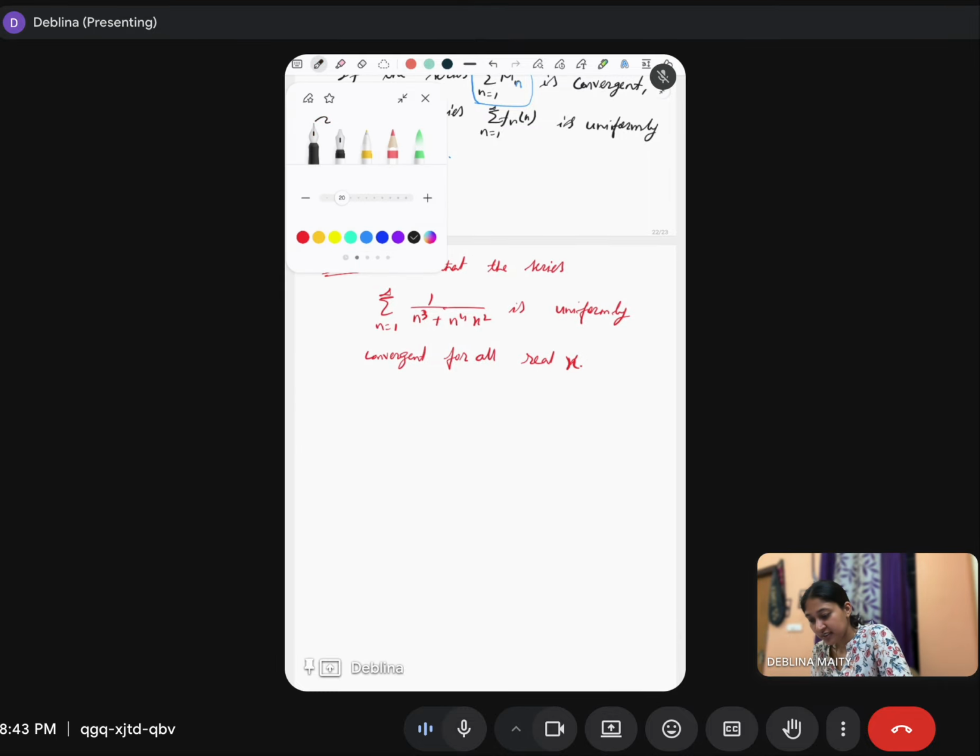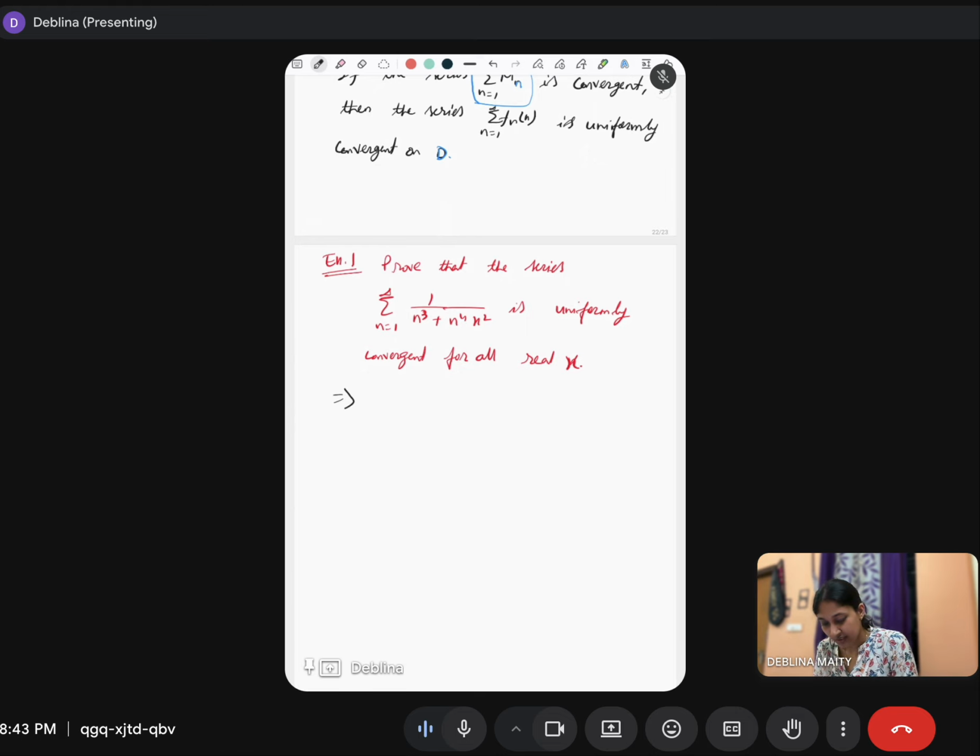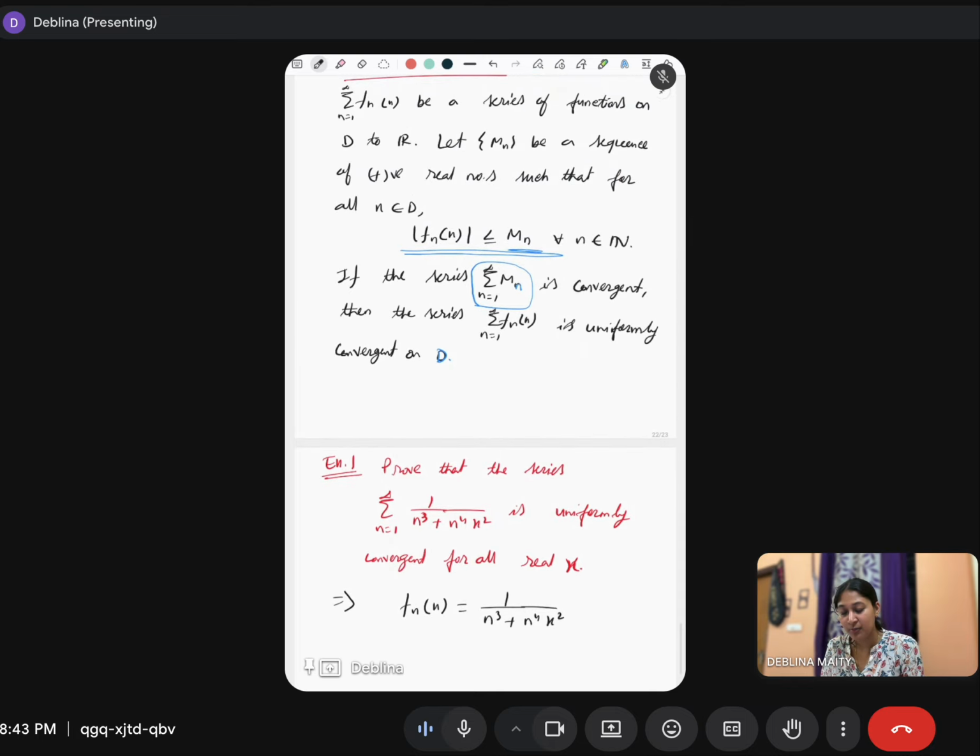So we'll use Weierstrass M test. So here F_n(x) is 1 by n cube plus n to the power 4 x square, right? So for this we have to find mod of F_n(x) is less than some number.